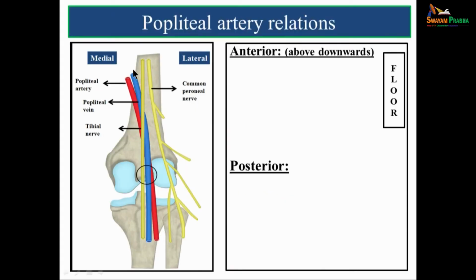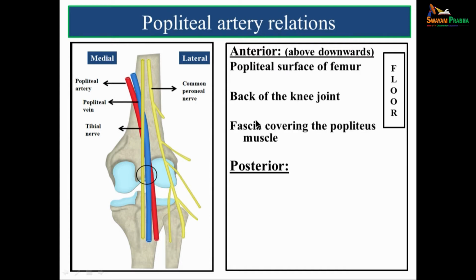Now, what are the relations of the popliteal artery? Let us first see the anterior relations. If you trace from above downwards, these are the structures: the popliteal surface of the femur, the back of the knee joint, and the fascia covering the popliteus muscle.